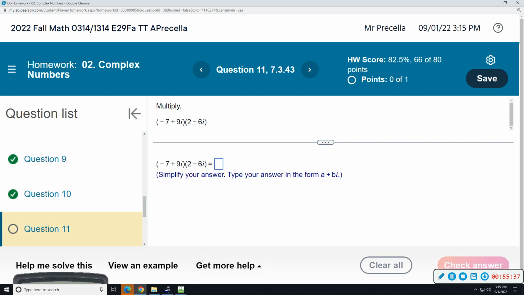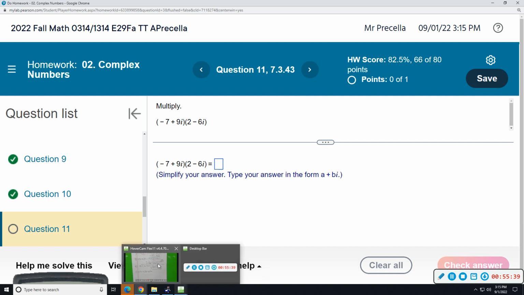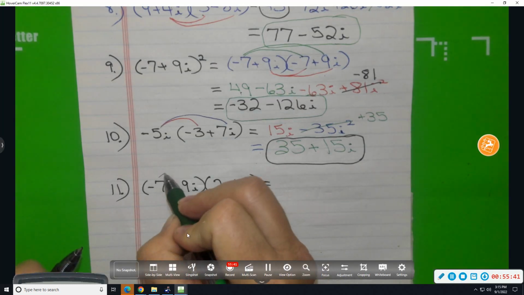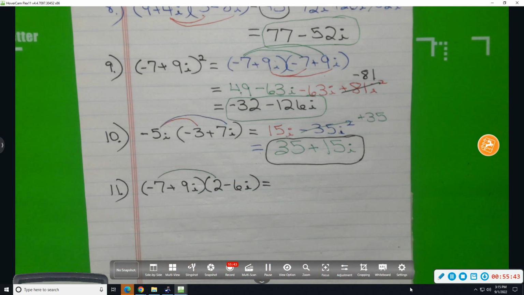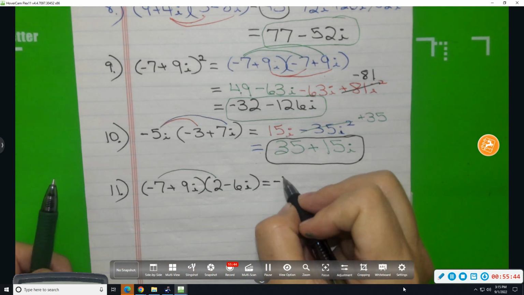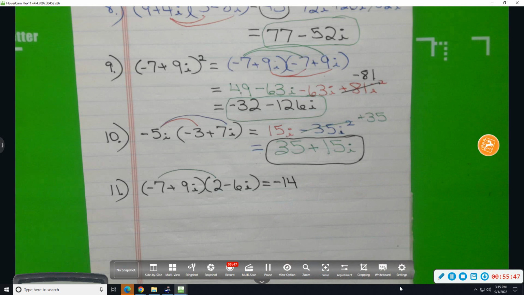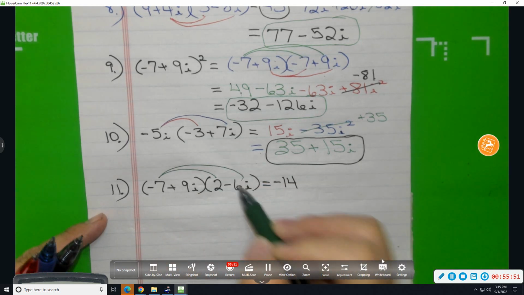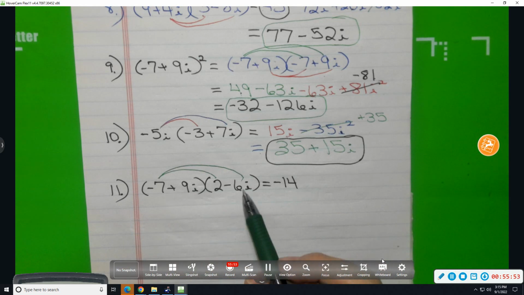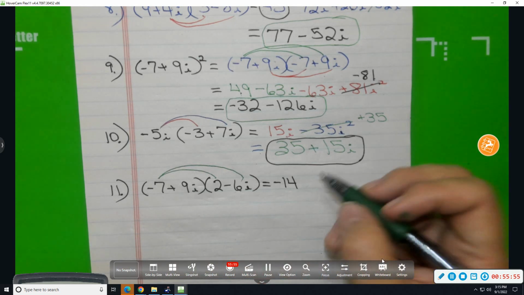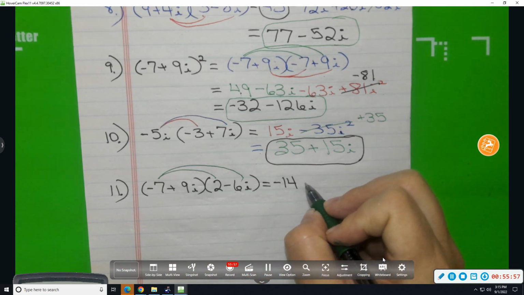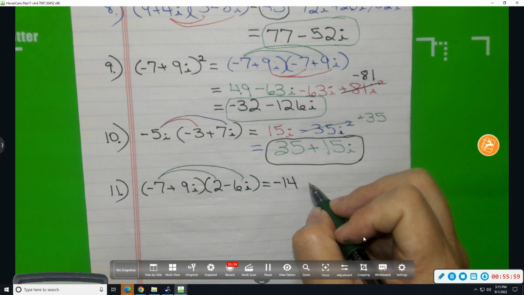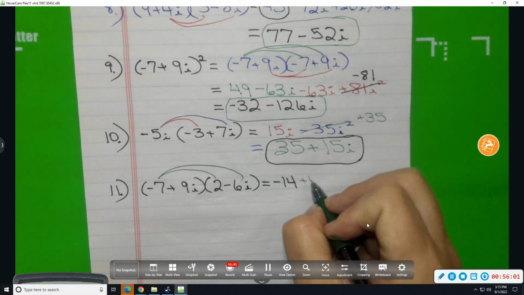So, FOIL it out. First, negative 14. Outer, negative 7 times a negative 6i gives me a positive what? That's 42, right.